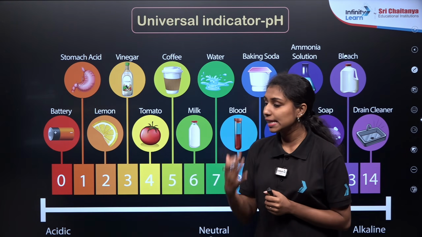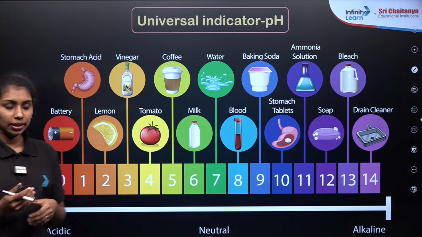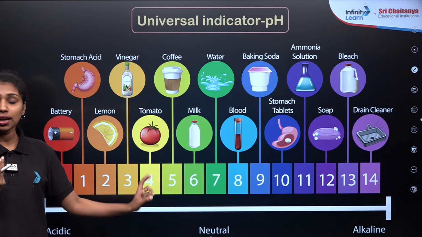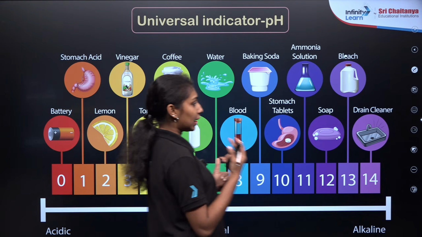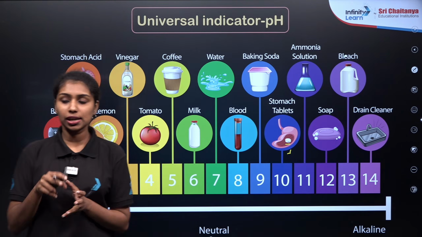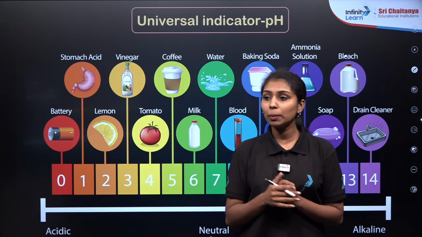Those indicators easily give colors with different pH values. As you can see over here, the different pH values have different colors. But if you are using methyl orange or phenolphthalein, we can say that they will have either a pink color or a red color, right? We can't predict the pH value for those acids or bases by using normal indicators, right?